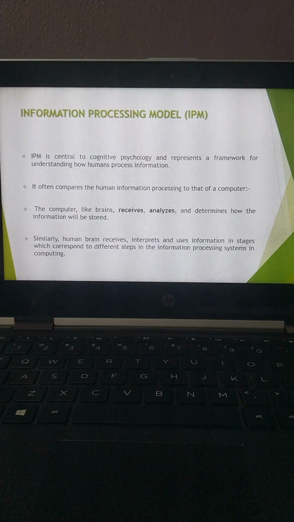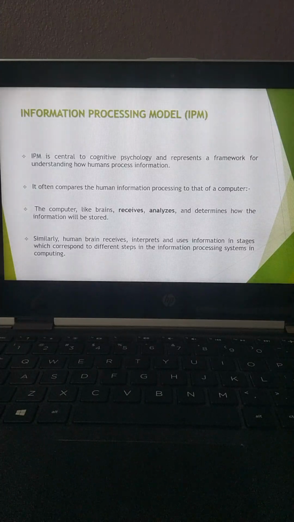The computer, like the brain, receives, analyzes, and determines how the information will be stored. Similarly, the human brain receives, interprets, and uses information in stages which correspond to different steps in the information processing systems in computing.